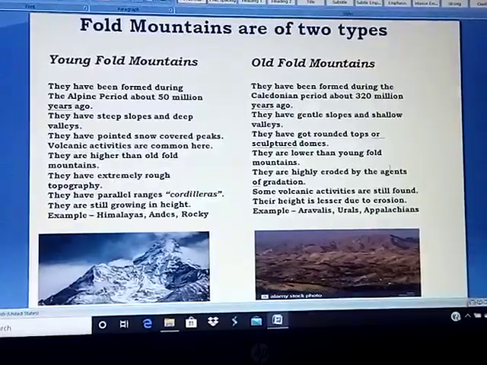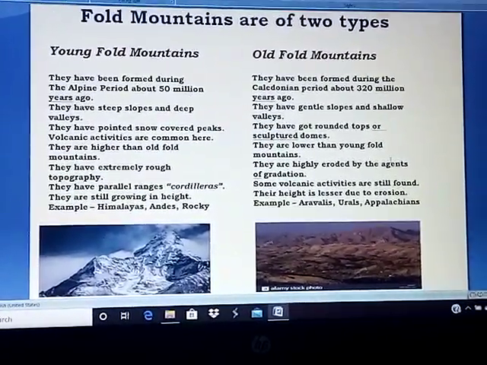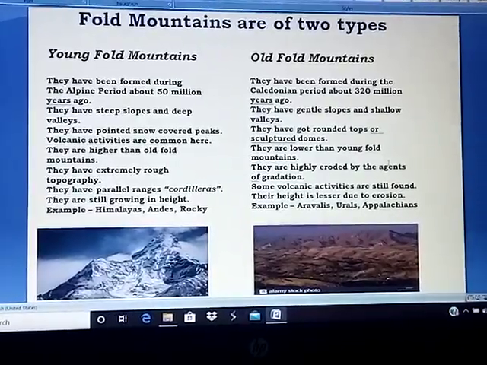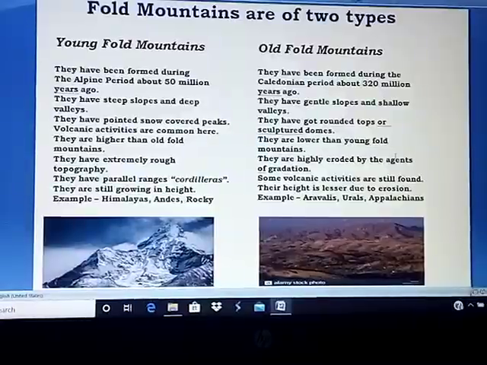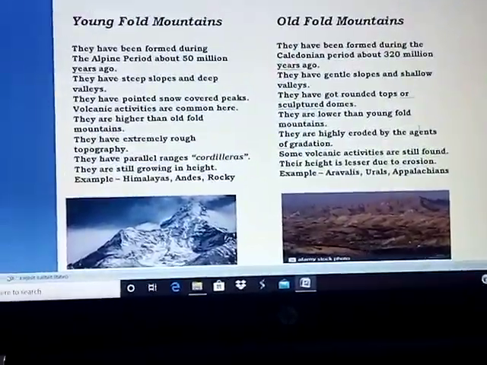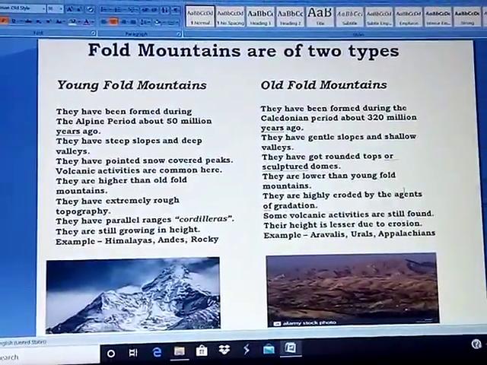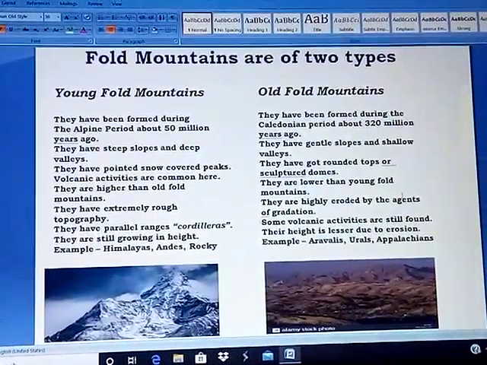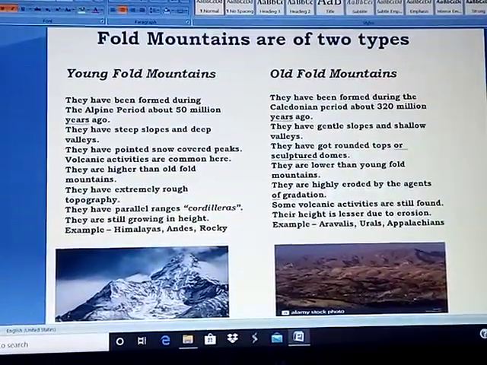Fold mountains are of two kinds or types. One is called the young fold mountains, and the other one is known as the old fold mountains. Now they are absolutely distinctly different from each other. We can take the points one by one.